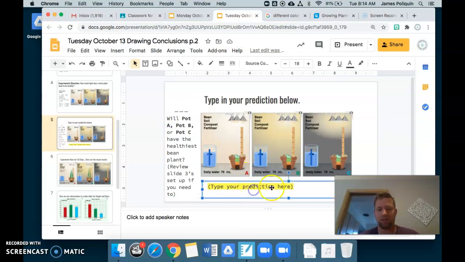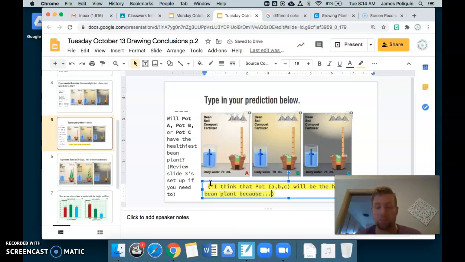In your prediction here, I should see your prediction. It would be like, I think that pot, and then you pick A, B, or C, will be the healthiest bean plant because, and then you explain why.